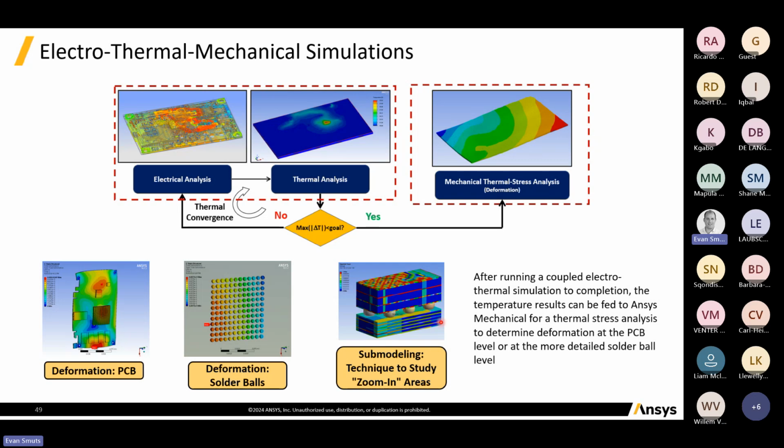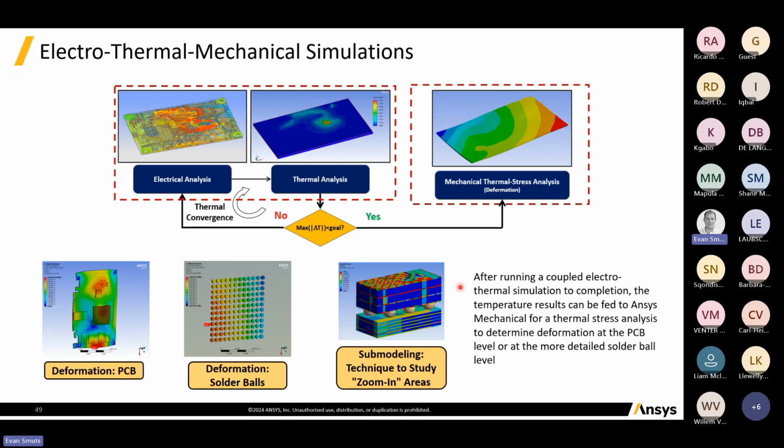So this is essentially a slice through the PCB. We can see the solder balls, and maybe this is a slice through the chip on top of the solder balls. And then we can look specifically at all the stresses and deformations through all those different layers.